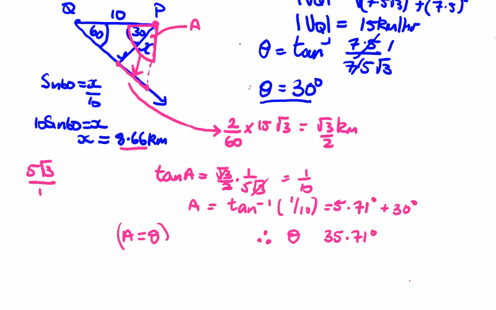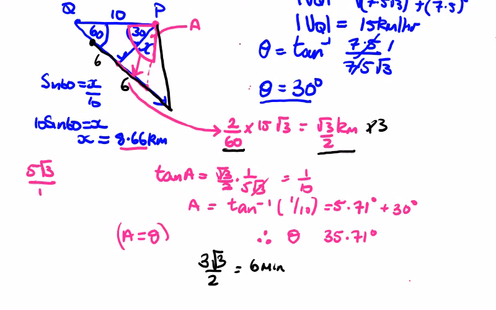Okay, for 12 minutes, when we had 2 minutes along here was root 3 over 2. So 12 minutes is going to be 6 here. And say 6 here. So we can get this distance here, if that's the 6. So 6 minutes is going to be 3 times that guy. So 3 root 3 over 2 will be 6 minutes. We already have x is equal to 5 root 3.